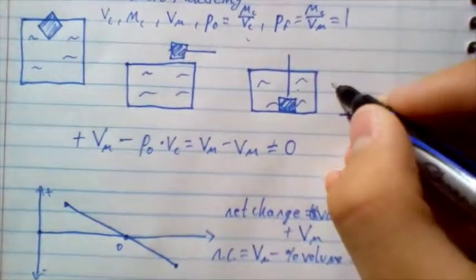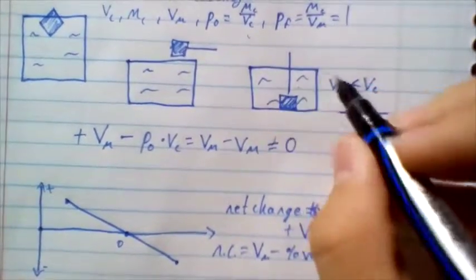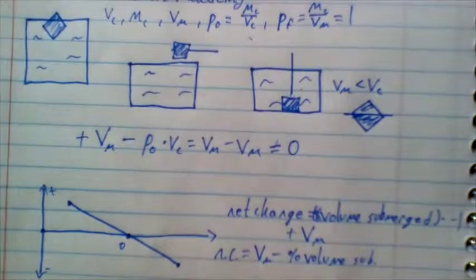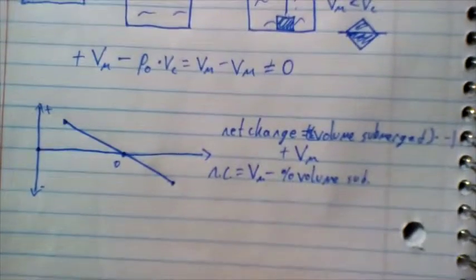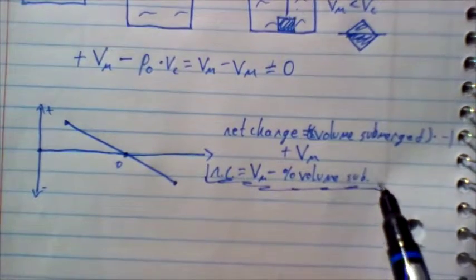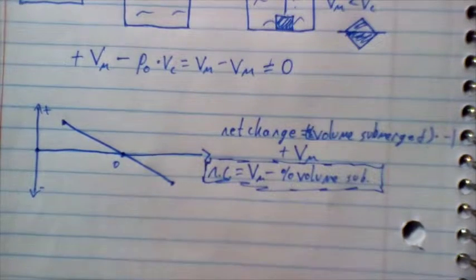And since V sub m is less than V sub c, the water level will decrease because over here we'll have a negative number when we plug it into our function. And this is going to be the end result of our work.